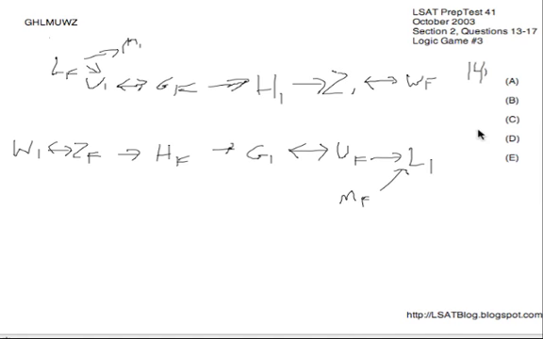Next, number 14, which pairing of board members cannot both serve on I? So this would be a pairing of variables that have a relationship that goes from I to F, because whenever one of them is at I, the other must be at F, therefore they could not both be at I. So if we run through the choices, A, G and H, those do not have that relationship.